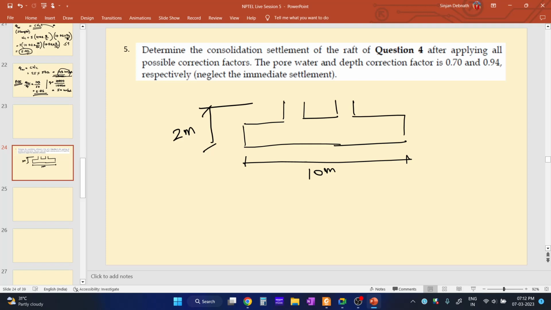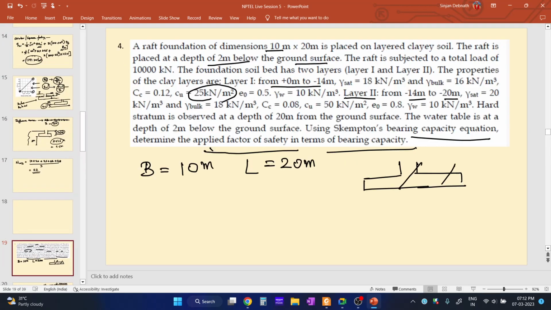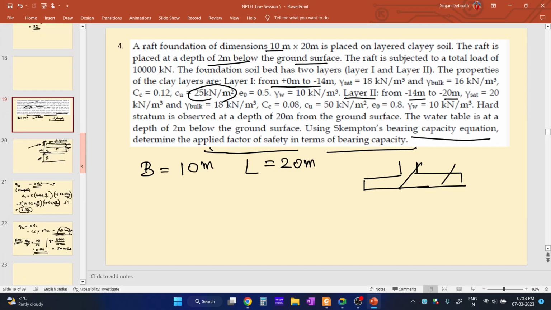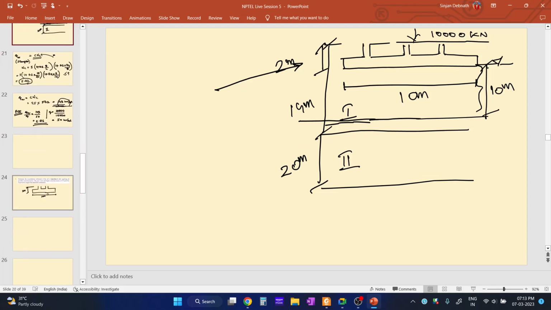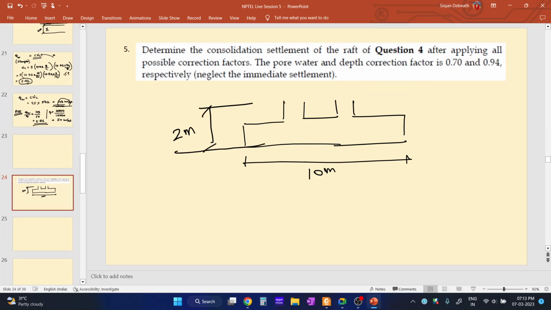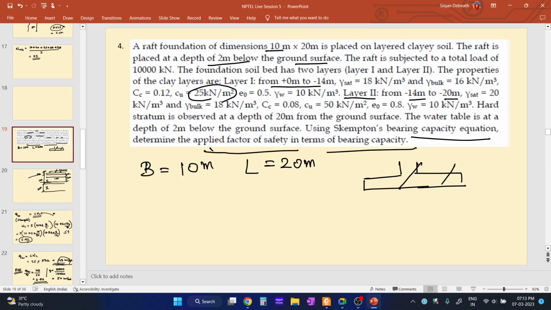Let me just look at the diagram once. The water table is also at the base of the raft, that is, at 2 meter below the ground surface. Here lies the water table.